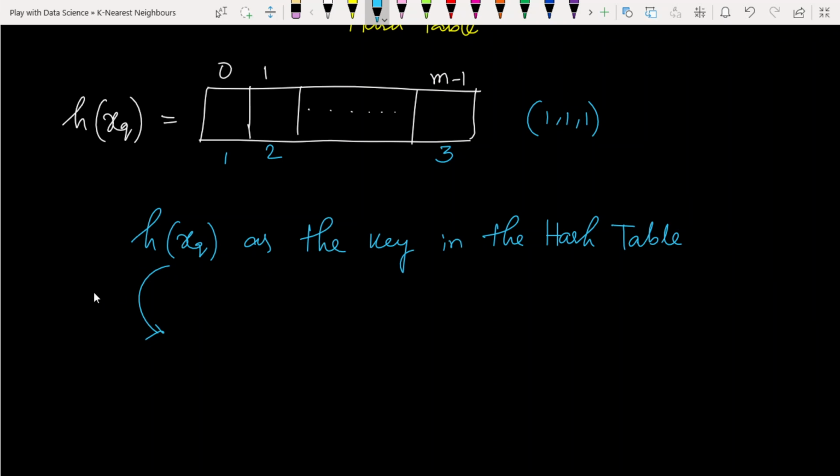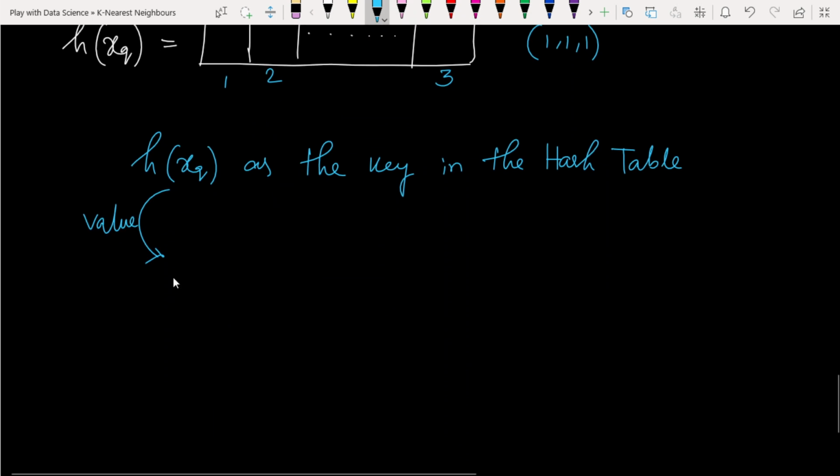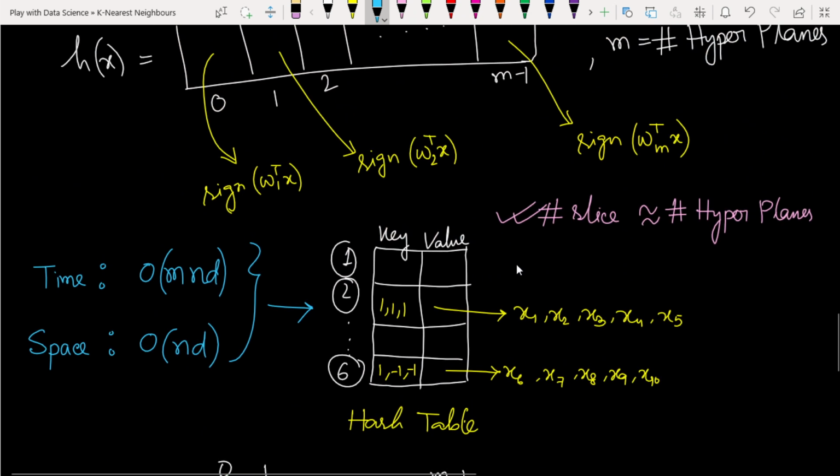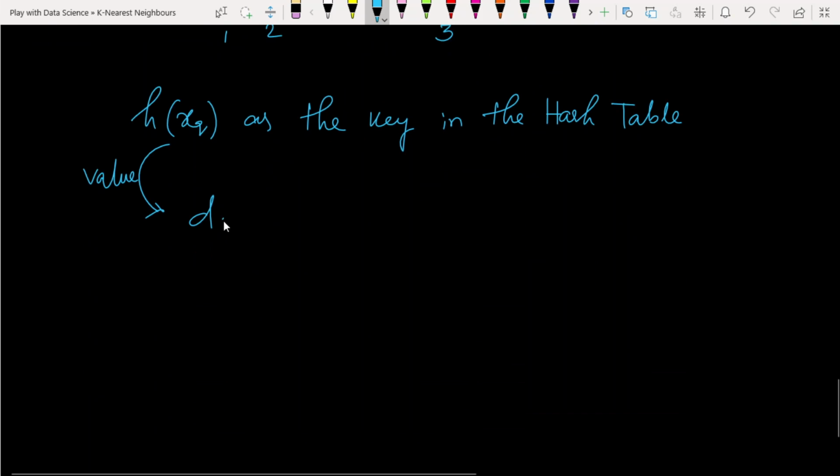then its corresponding value will be, if we call this table d, d dot get of h of xq.